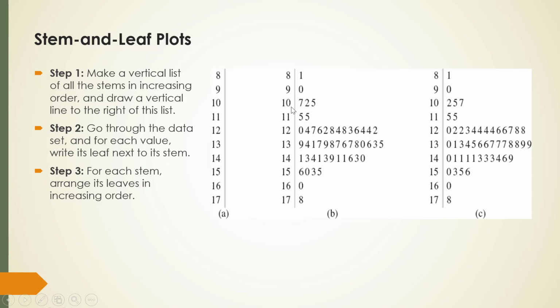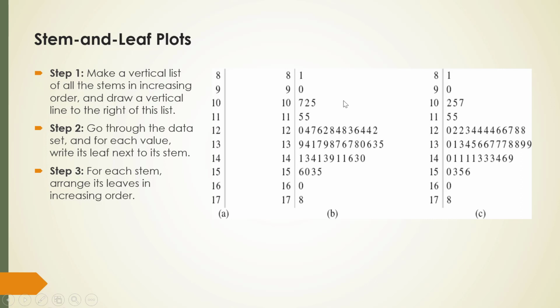So we have three numbers, 10.7, 10.2, and 10.5. So 10 is the stem and 7, 2, 5 are the three leaves. Similarly, we have 11.5, 11.5, 12.0, 12.4, 12.7, 12.6. So that's the second step.